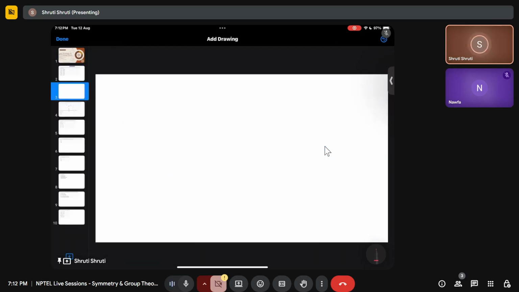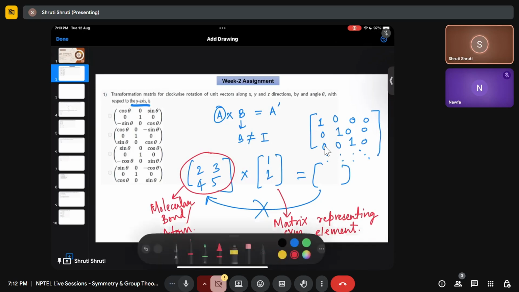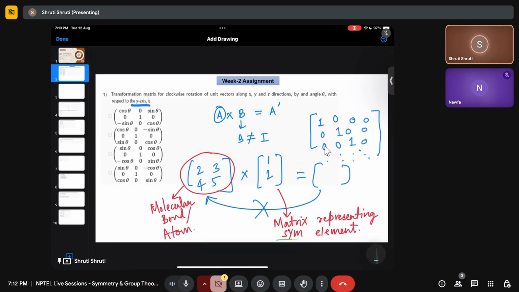So as I was telling, what do we need here? We need matrices representing symmetry elements. For every symmetry element, there should be a definite matrix.